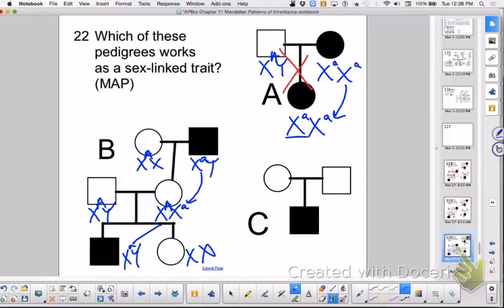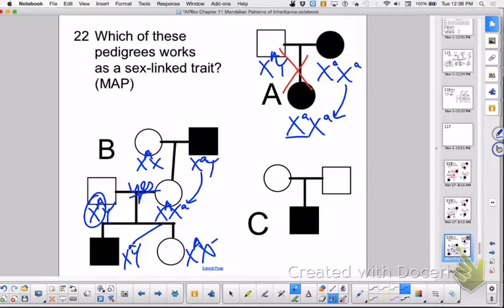Mom could give her either one of these, but dad will always give her a good copy of the gene, so she could not have the disease. So will this work for sex-linked? Yes, this one works.